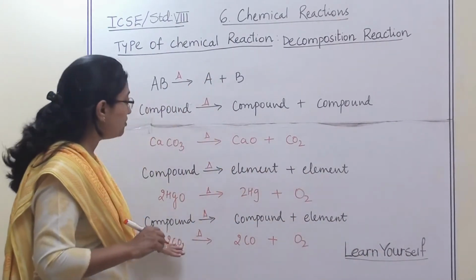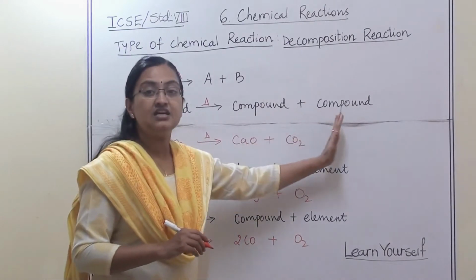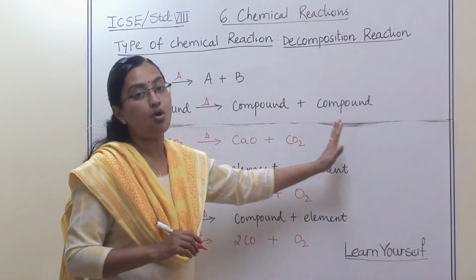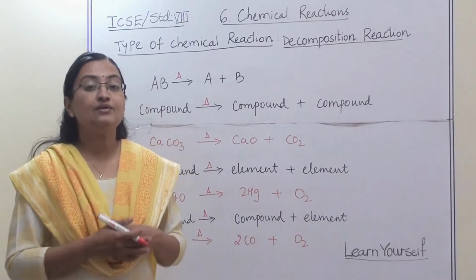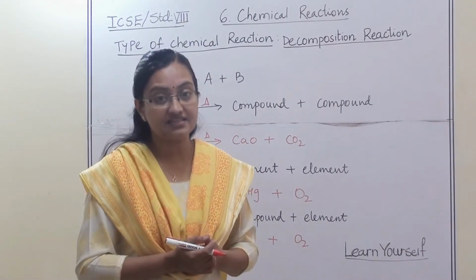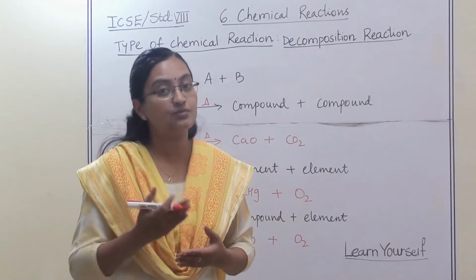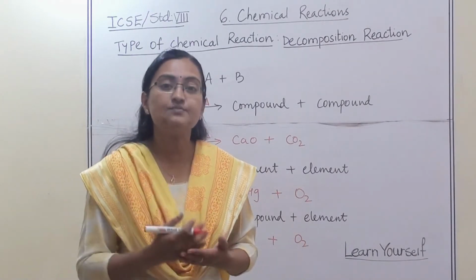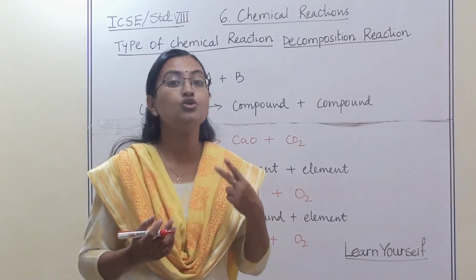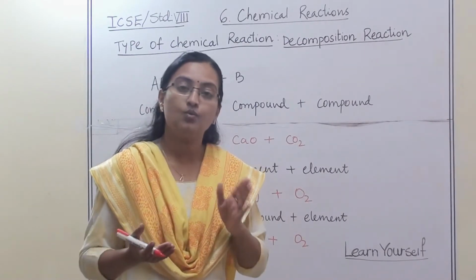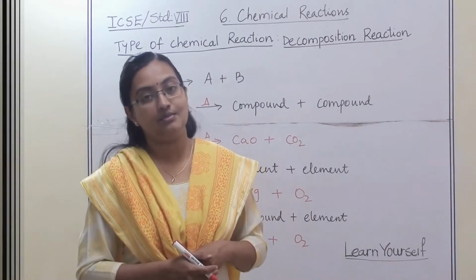Here we take a compound and get either compound or element as a product. So this is decomposition. When we take one compound as a reactant and heat it, decomposing it, as a result we will get either two compounds, or two elements, or one compound and one element.